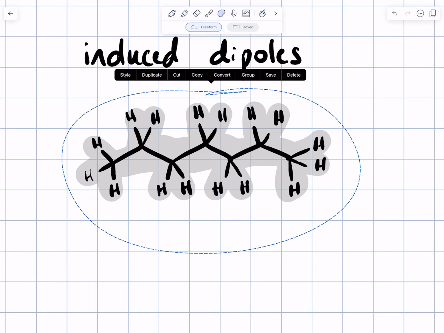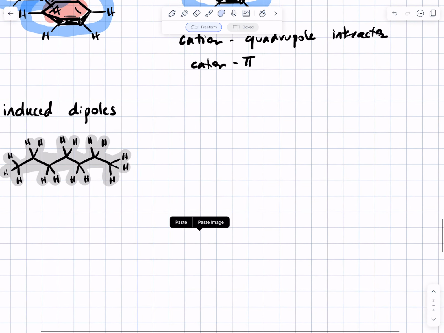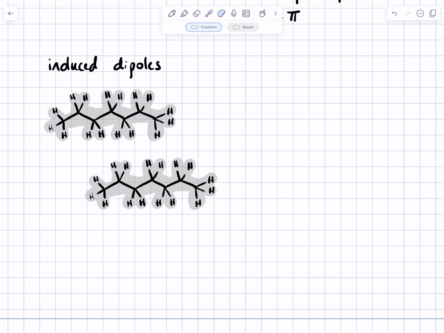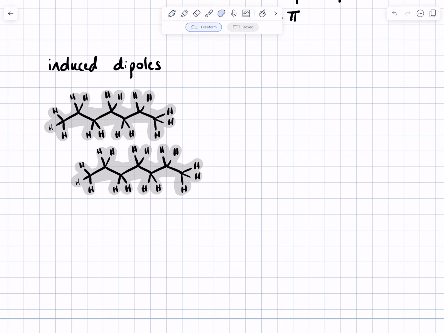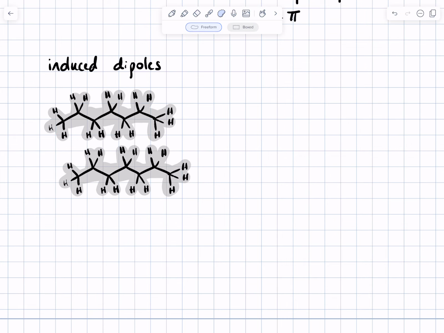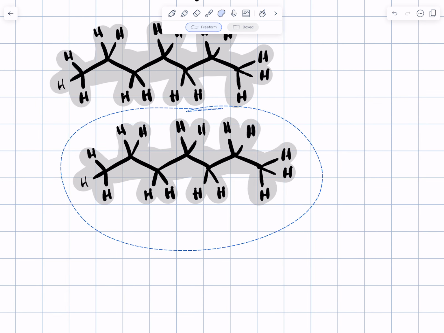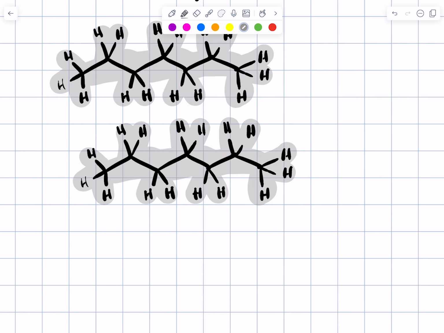Now, if I have two of these molecules, depending on how close they can get together and approach each other and how complementary their shapes are, as they approach each other at an instant snapshot in time, it's not permanent, the electron cloud on one molecule will adjust itself so as to be instantaneously complementary to the electron cloud on the other molecule.